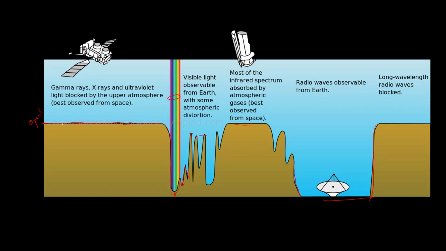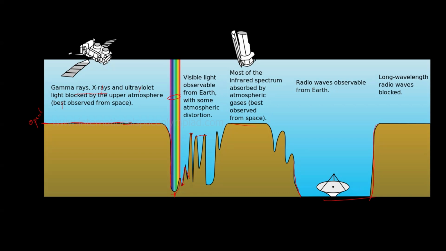And especially more importantly, you can see gamma ray, X-ray and ultraviolet. Especially gamma and X-ray are completely blocked here by the atmosphere. It's actually good. That is why we evolved like this, because this high energy gamma ray and X-ray and even ultraviolet is not that good for life to evolve on our Earth.